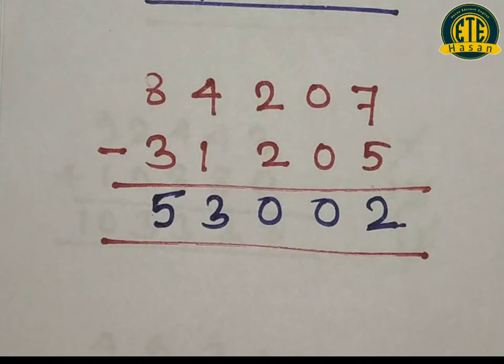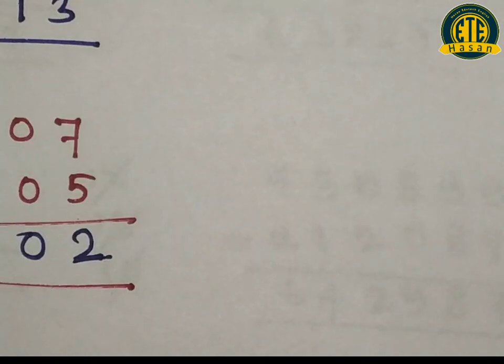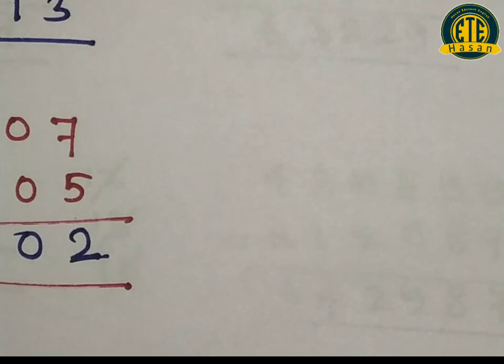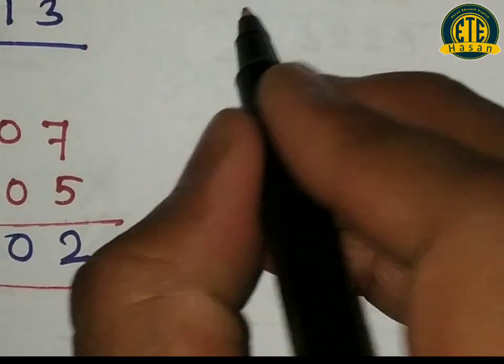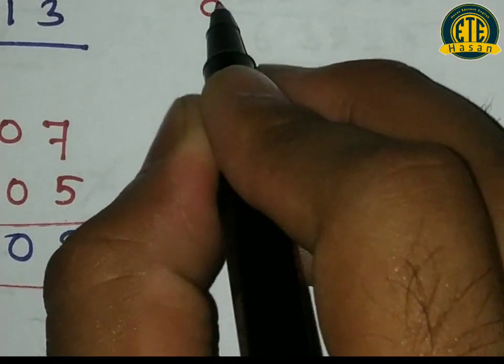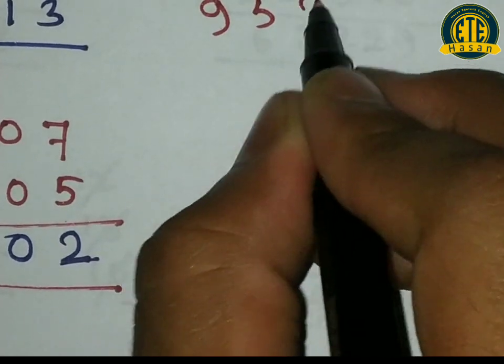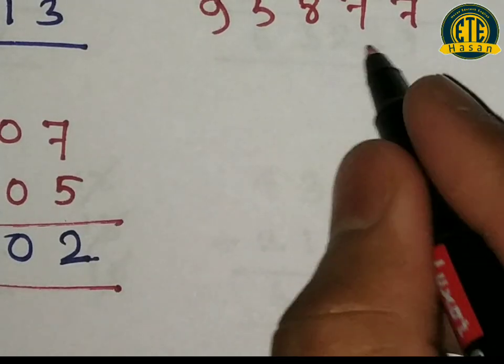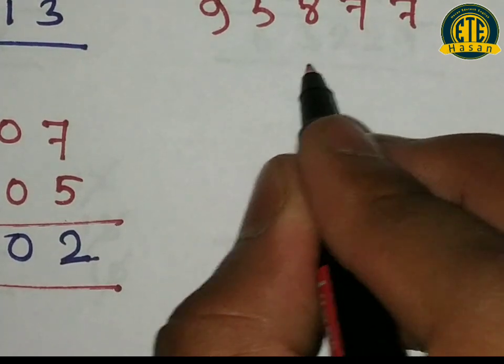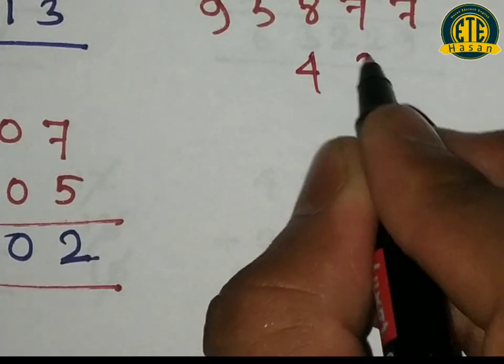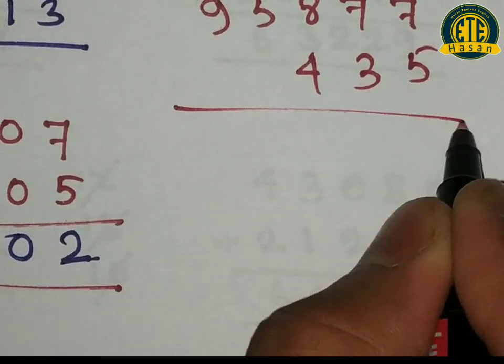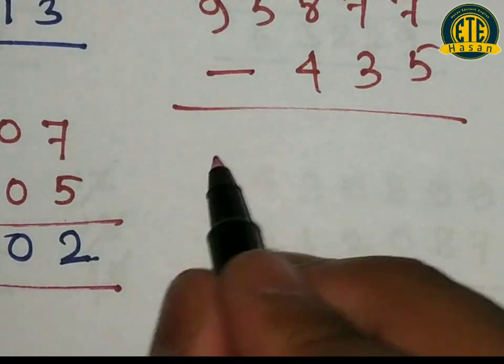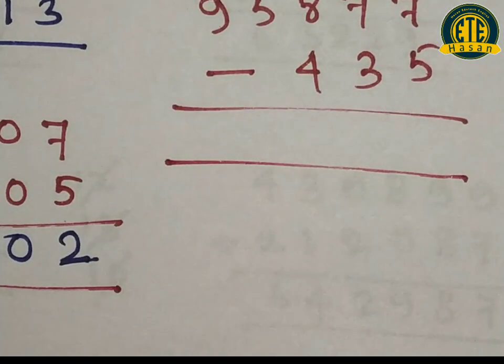Let's go to some bigger or complicated question. Take an example like 9, 5, 8, 7, 7 with 4, 3, 5. Here is the minus sign. We have to subtract it.